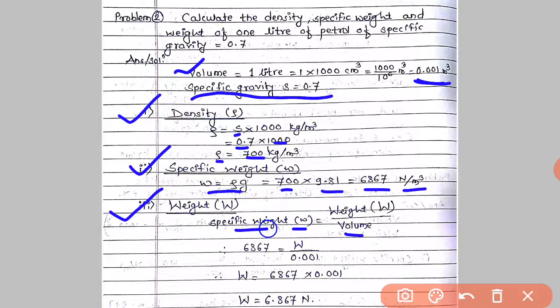Put the value of specific weight as 6867 and volume 0.001, and from this we are able to calculate capital W. So 6867 into 0.001, so the value of W will be 6.867 Newton.